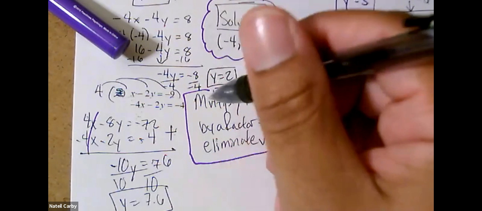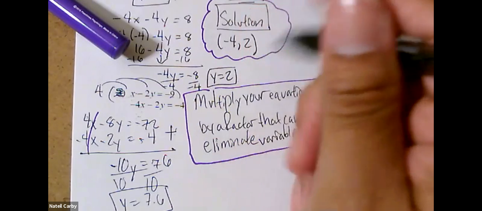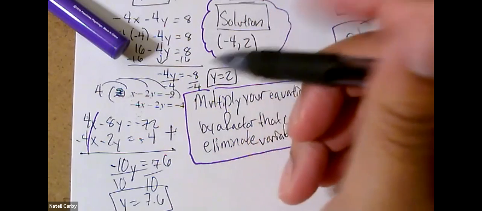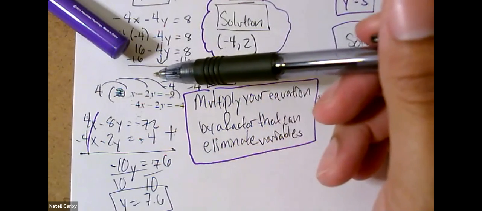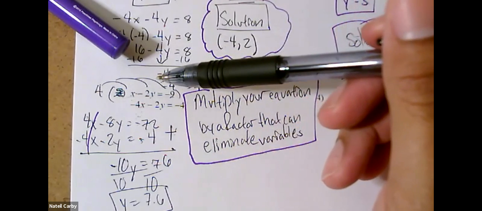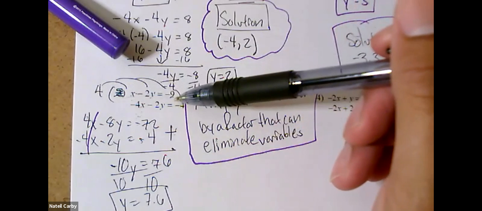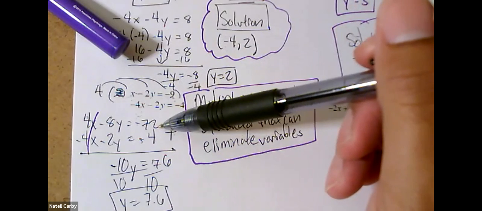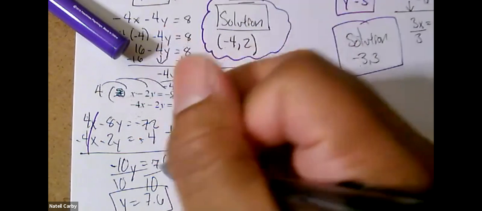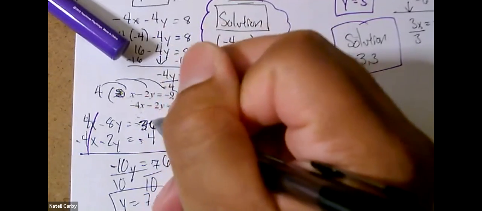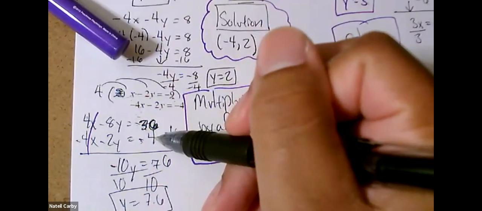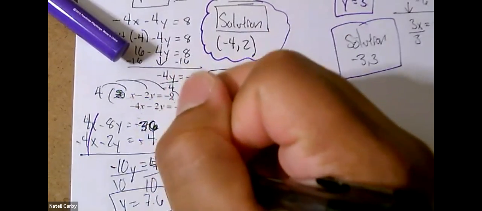I did something wrong. Let me see. Oh, that's 36. Why did I have 72? So 4 times negative 9 is negative 36. Negative 36 plus negative 4 is negative 40.